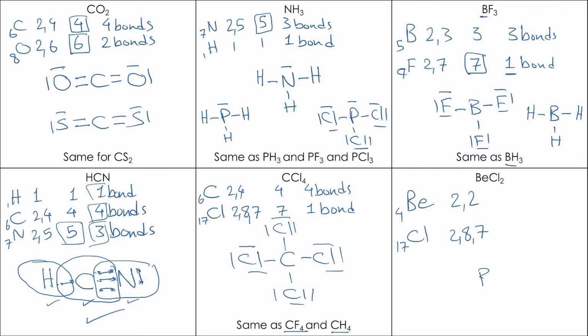So Be, beryllium, has 2 electrons, so it has 2. How many bonds? 2 bonds. And we have here only 1 bond. So beryllium would make 2 bonds with each chlorine atom to make this structure.